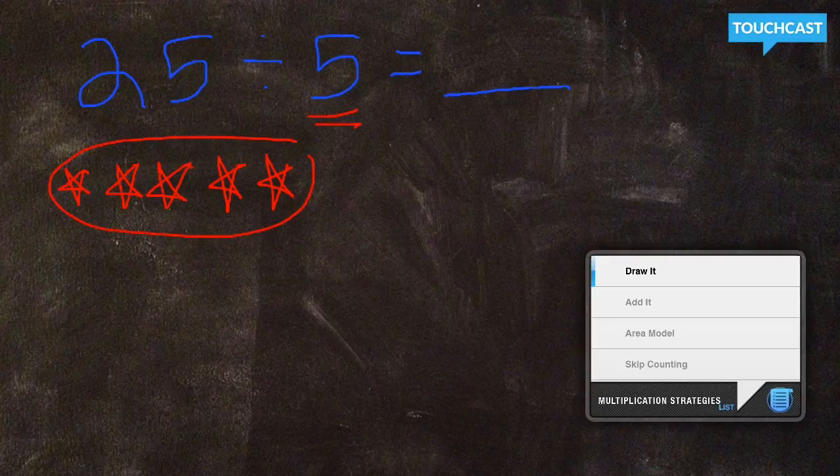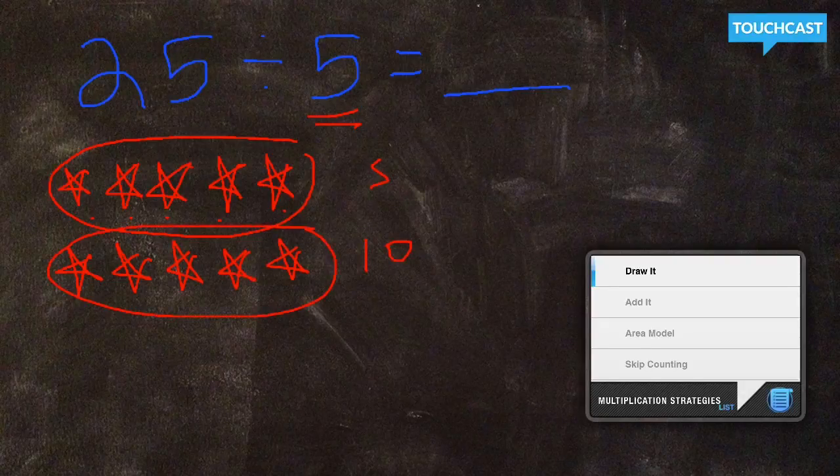1, 2, 3, 4, 5, and we want to have 5 stars in each group. So that's one group right there. And that's another group, because there's 5 stars in each group. So it's 10, 11, 12, 13, 14, 15.